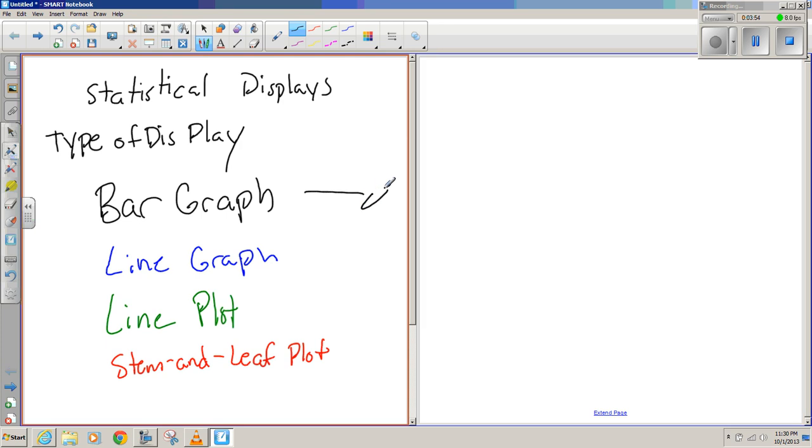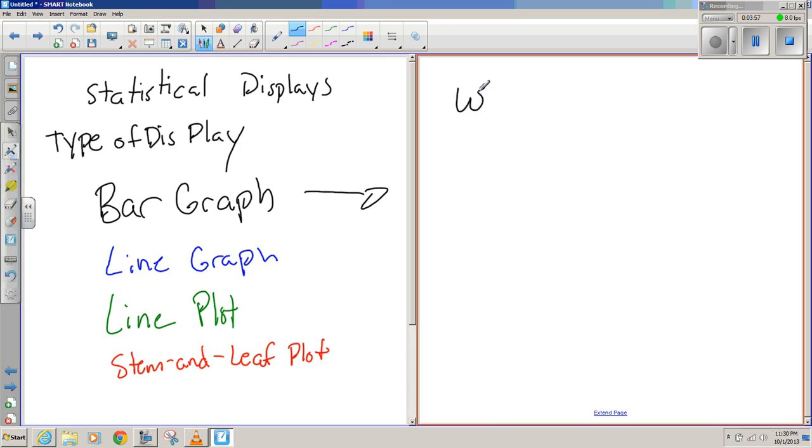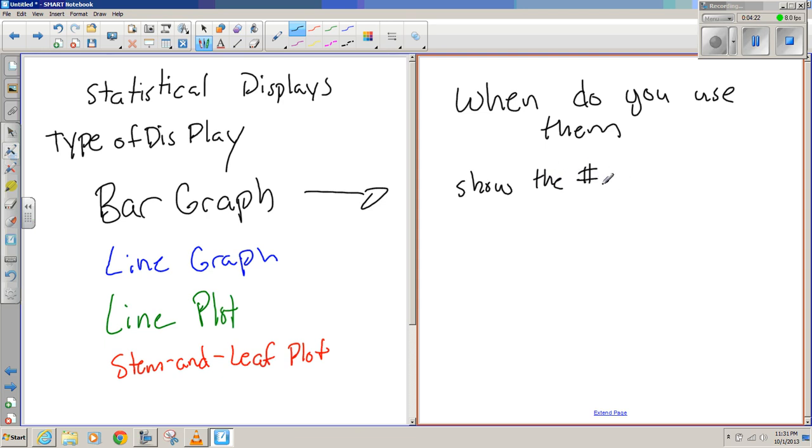So when do you use them? Well, more or less, the bar graph you will use to show the number of items in a category.